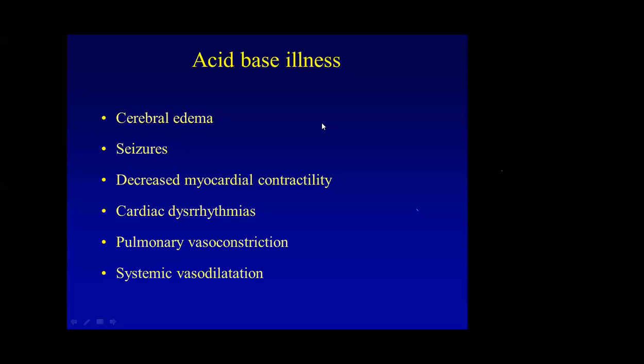When potassium levels fluctuate, you'll have cardiac dysrhythmias. And when carbon dioxide levels are imbalanced, what happens? The primary mechanism is in the lungs. Based on that, pulmonary vasoconstriction happens. To decrease all these things, systemic vasodilation happens. So one is interlinked to the other.